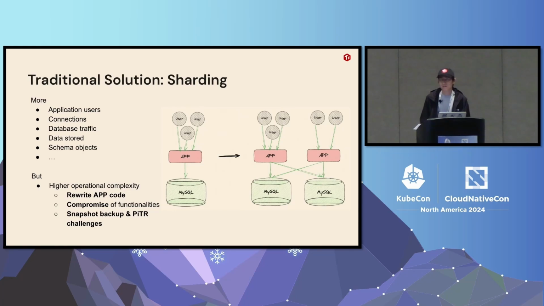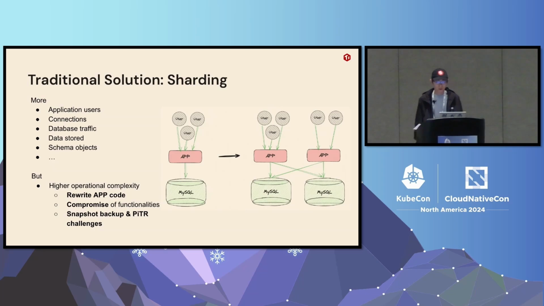So when facing the growth challenge, the traditional solution is sharding. You shard your database, you shard your applications, but this also means you need to compromise. You need to rewrite your application's code.